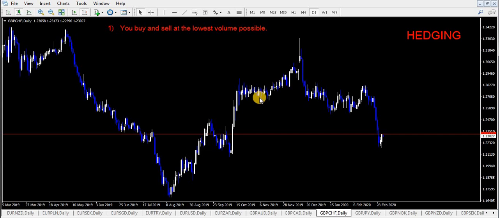Now once you do this, no matter how far the market goes, you only lose the spread. If you know what spread is, it's the difference between your buy and your sell.